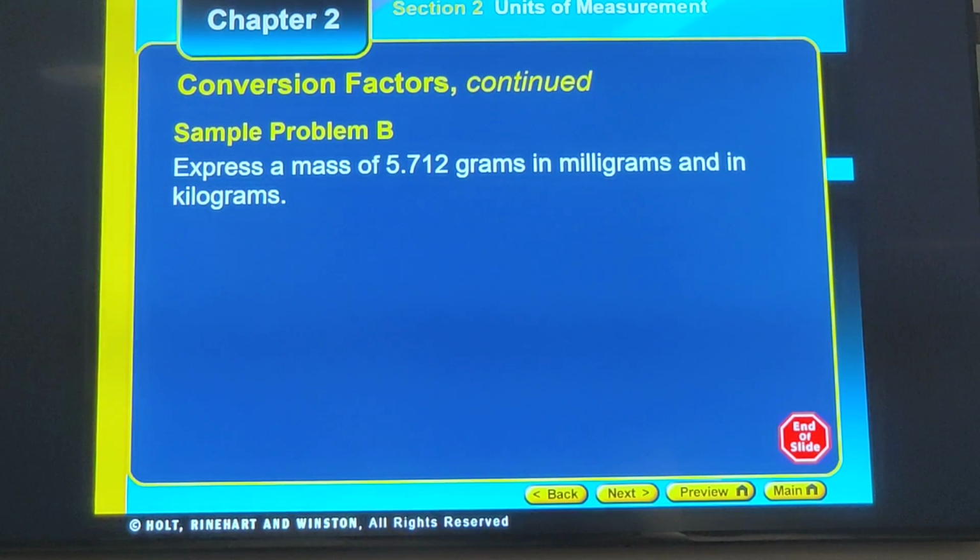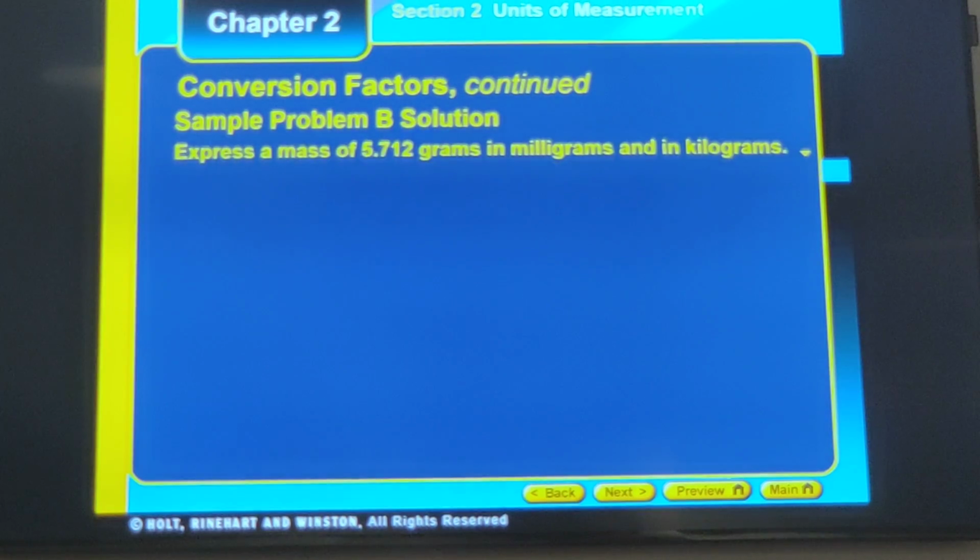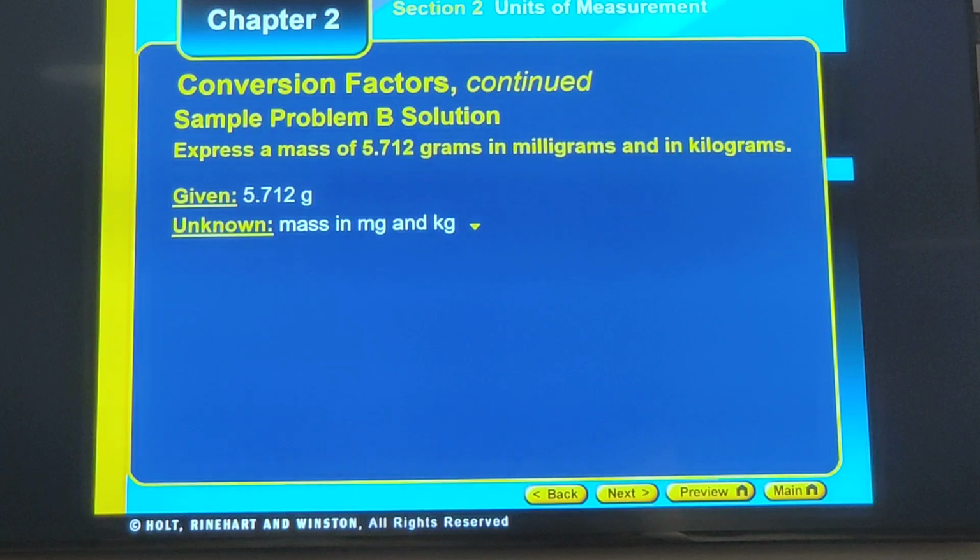So 1 milligram is equal to 0.001 grams. Or you could say it the other way, that 1,000 milligrams equals 1 gram. That would also be true. So there's my given, there's my conversion factor. 1 gram is 1,000 milligrams, but this conversion factor also works.